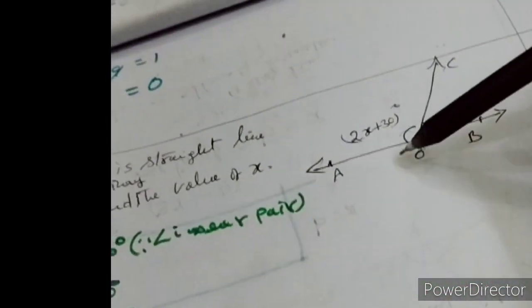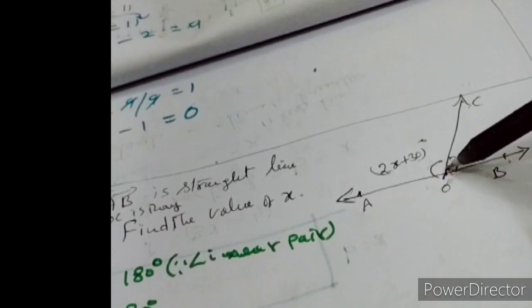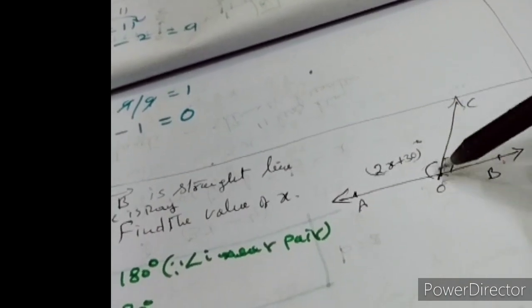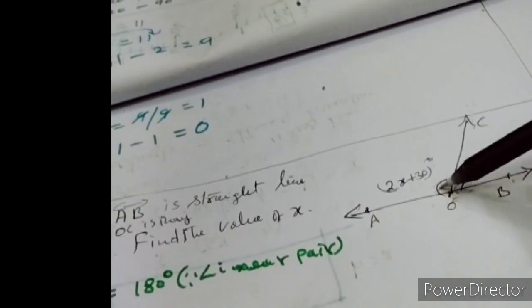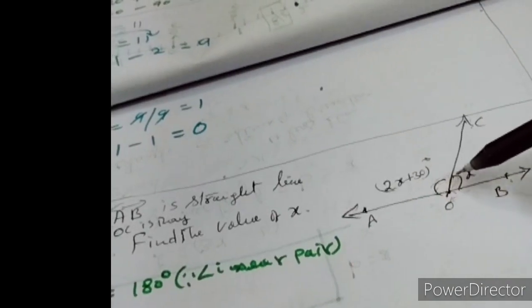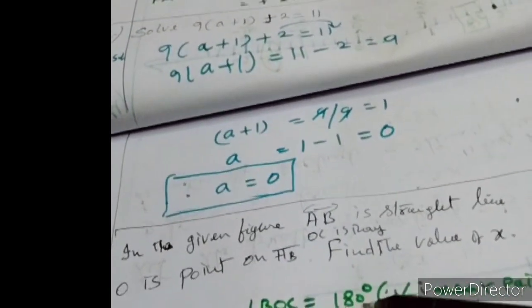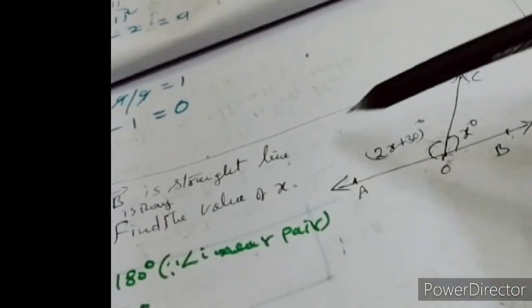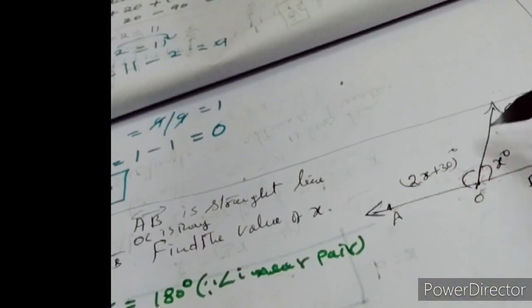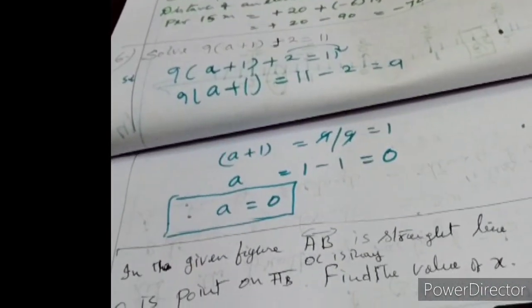You know the concept, these two are linear angles because one common ray is there, common vertex and common ray. The angle between these two is what? 180 degrees. It is a linear pair. So the sum of the linear angles is how many degrees? 180 degrees. Angle AOC plus angle BOC is equal to 180 degrees because it is a linear pair.